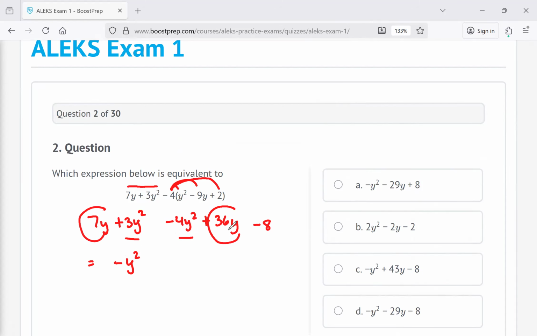That's 43y, right? And then let's see, what else do we have to simplify? My constant is negative 8. So which one is this? That looks like it's C. Negative y squared plus 43y minus 8. Yes.